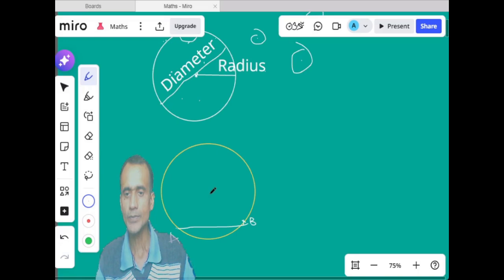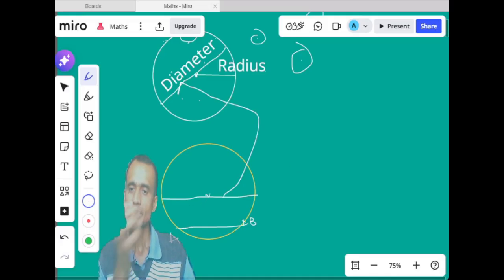A chord which passes through the center of the circle will be the largest chord, and it will be your diameter.